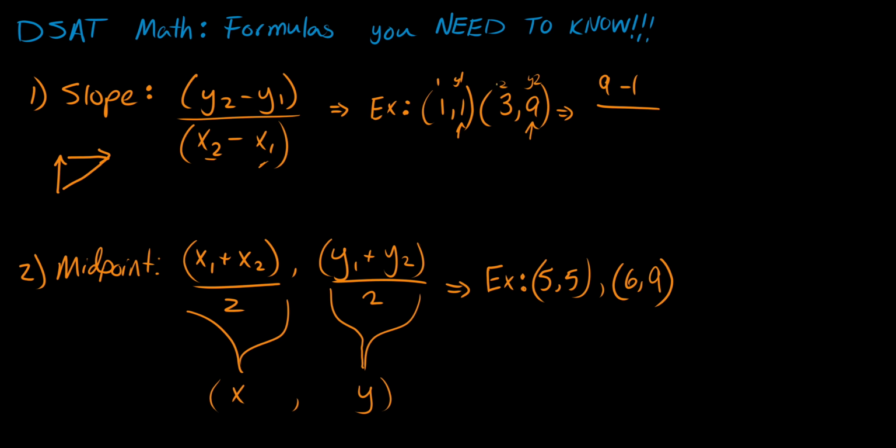This would be our x2 value, and that would be our x1 value. So 3 minus 1. This gives us 8 over 2, which is 4, okay? So the slope, or the m value, you'll likely see as an m value, was 4. Pretty straightforward, pretty basic, nothing really too special about that.